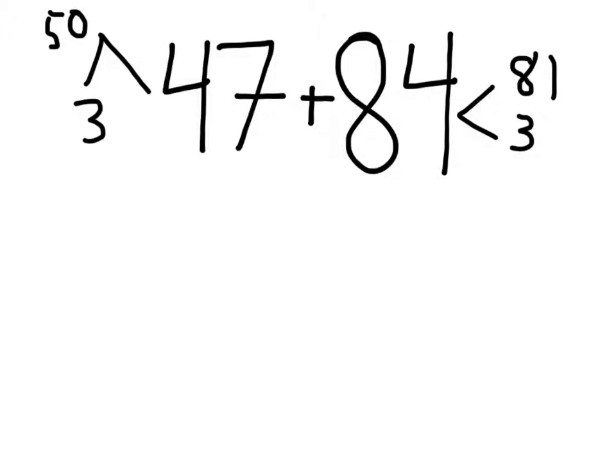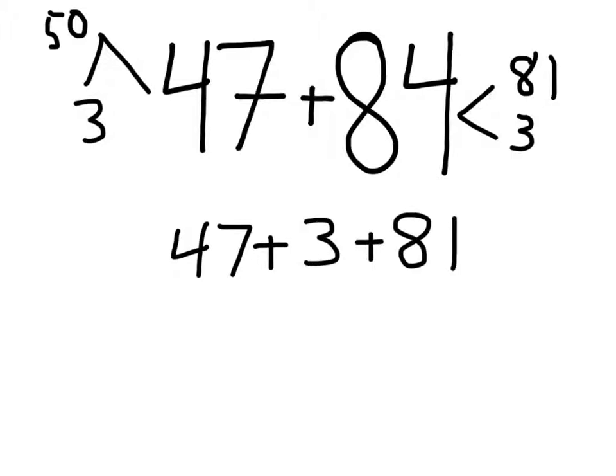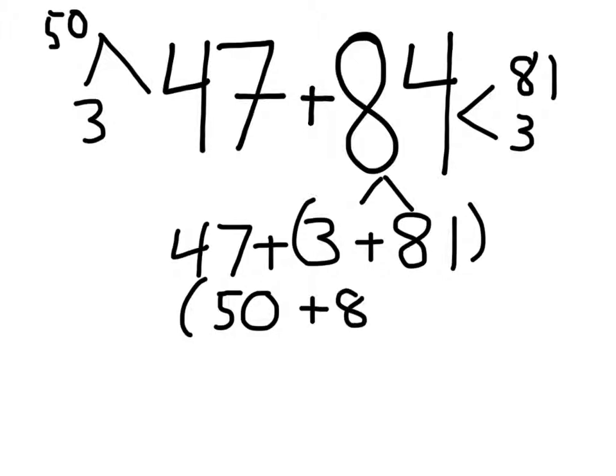So what I have now is essentially 47 plus 3 plus 81. I've broken 84 into 3 and 81, which is 50 plus 81. And this gives me a simpler problem like I saw on the last page of 131.